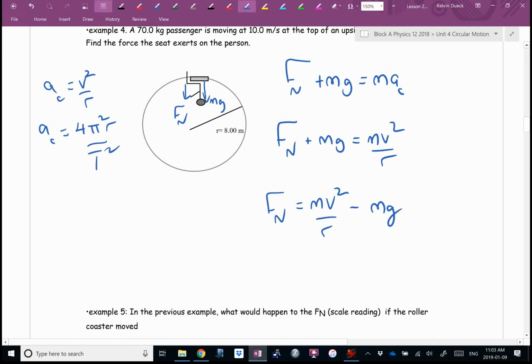So we're going to get the normal force equals 70, 10 squared, over r, they gave me r in the picture, over 8, minus 70 times 9.8.